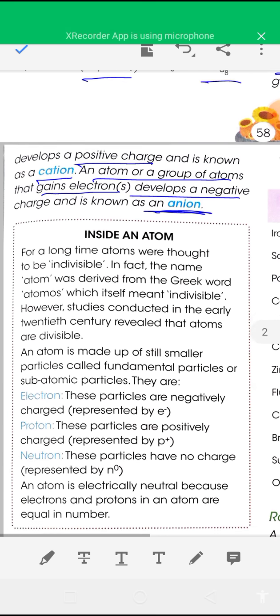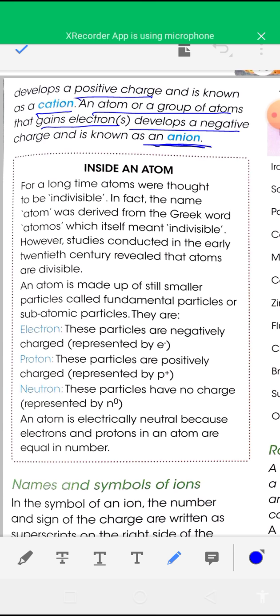Now see inside an atom. We have already studied inside an atom. Three types of particles are there: electron, proton, and neutron. Electron is negatively charged, proton is a positively charged particle, and neutron is a neutral particle. An atom is electrically neutral because in an atom the total numbers of electrons and protons are equal.